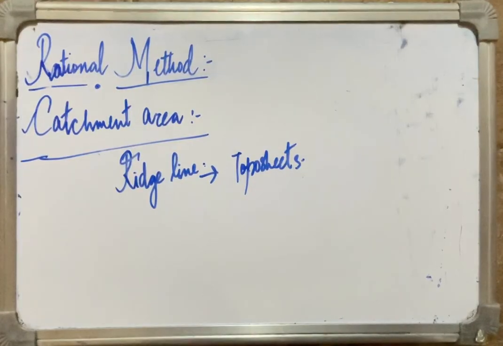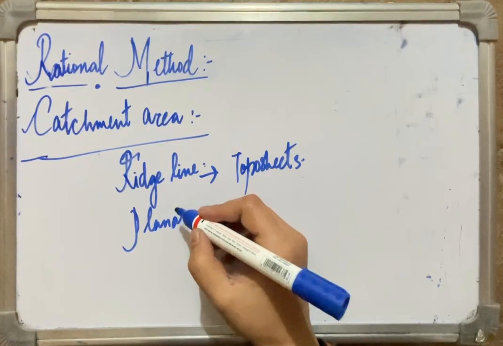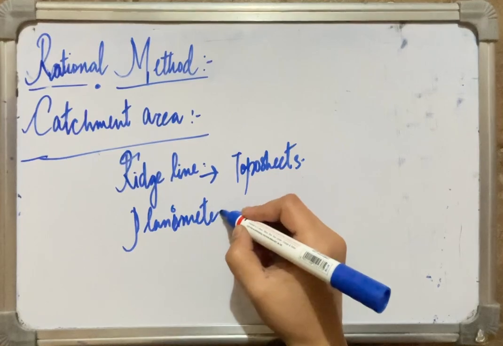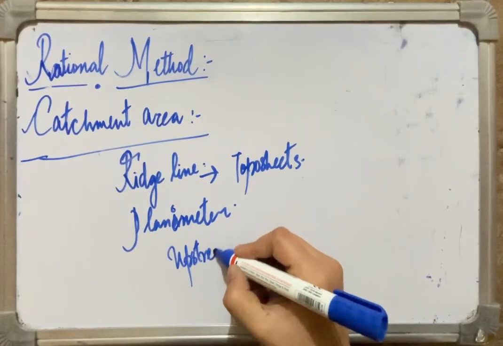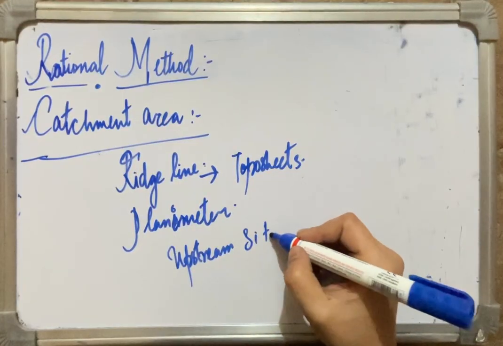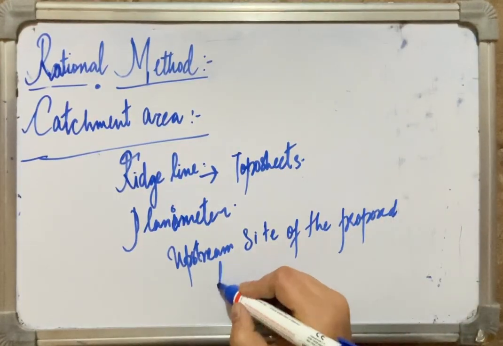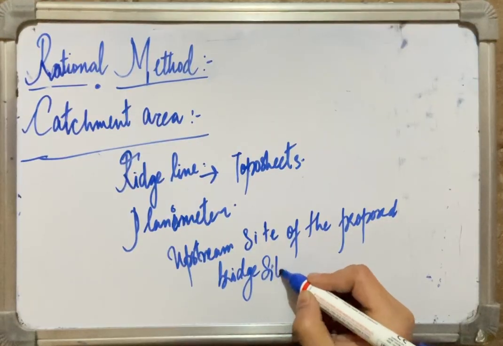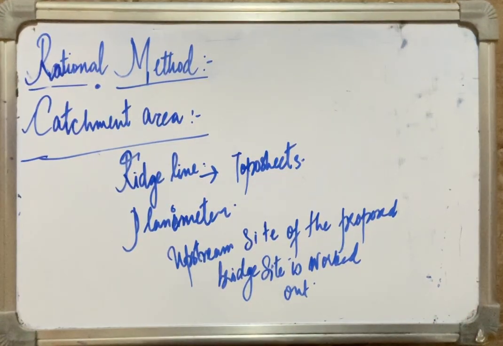So the ridge line is marked on the topo sheet, and with the help of a planimeter, the catchment area of the river on the upstream side, very important, we have to take the upstream and not the downstream side into consideration, of the proposed bridge site is worked out.